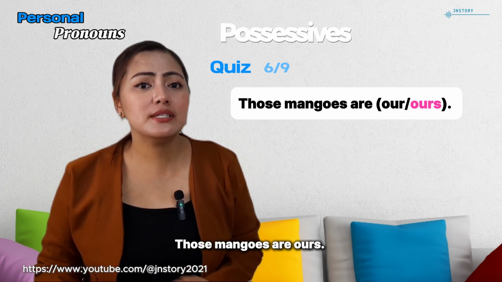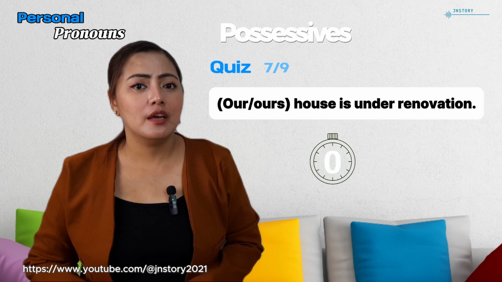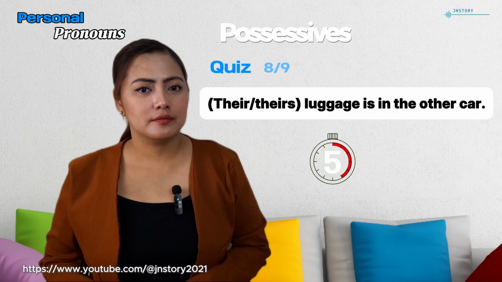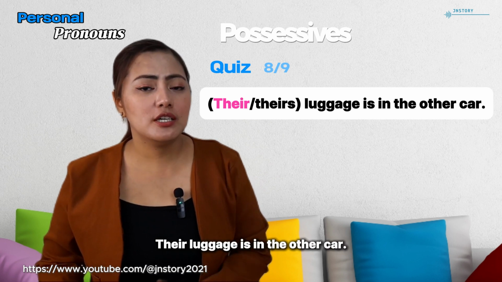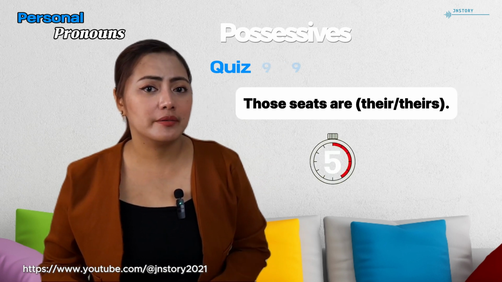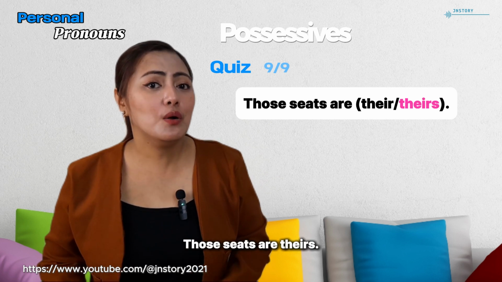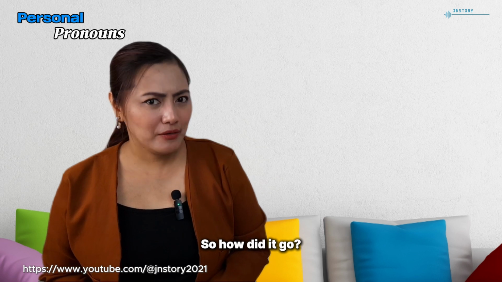Those mangoes are ours. Our house is under renovation. Their luggage is in the other car. Those seats are theirs.